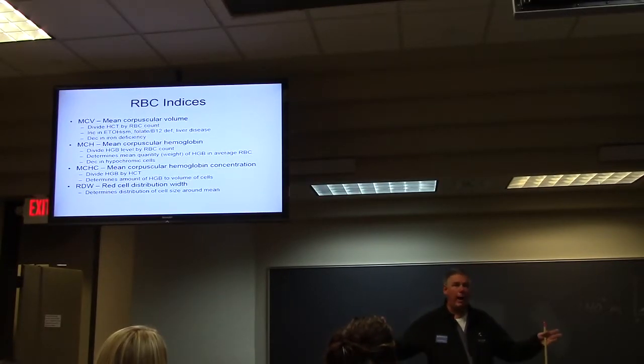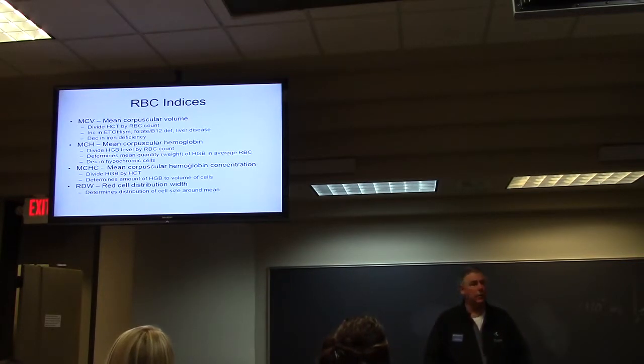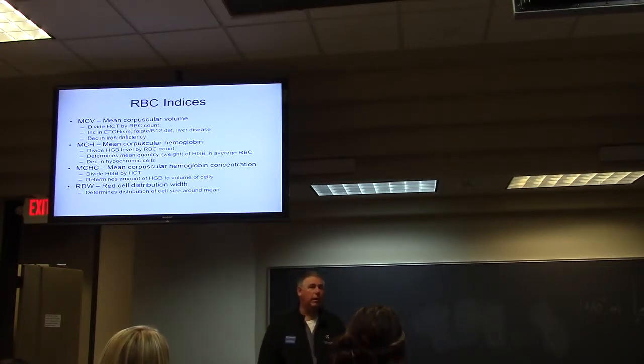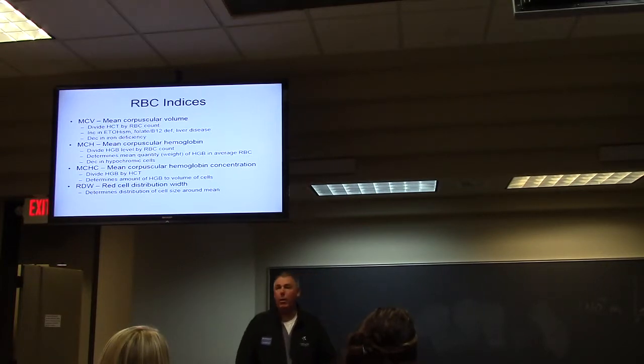If you've got a big wide RDW with cells of varying sizes, something's going on there that needs to be investigated. And by needs to be investigated, I'm talking about things like electrophoresis of hemoglobin. I'm talking about bone marrow biopsy, which are not minor things.